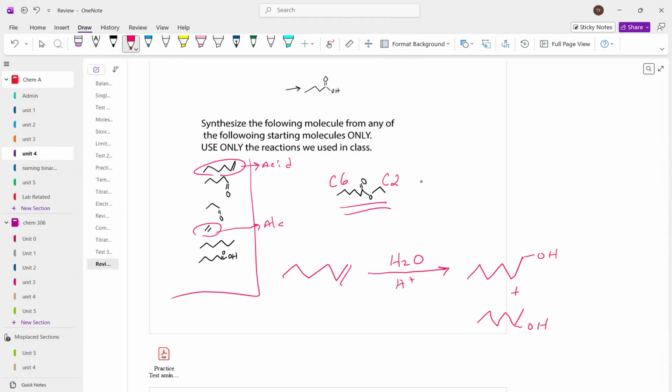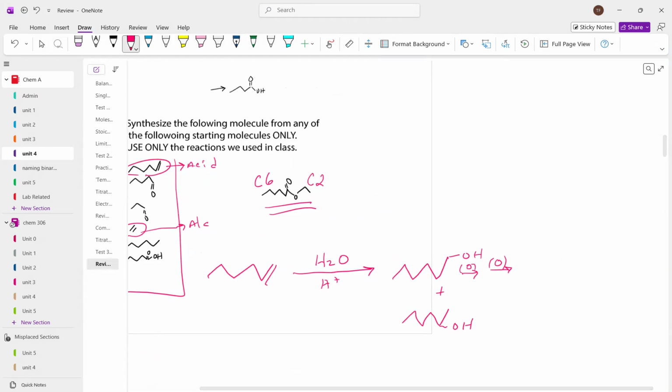Okay, so we're going to take this alcohol here and we're going to oxidize it. Oxidizing primary alcohols goes first to an aldehyde, then to an acid. So 2 oxidation steps. Okay, so now we have the acid.